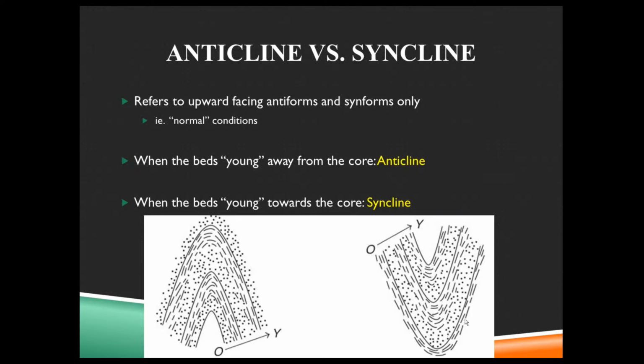All synclines are synforms, and in all synclines, the younging is towards the core, so it's still upward facing. If it happens to be downward facing, it can still be a synform, but it is not a syncline.